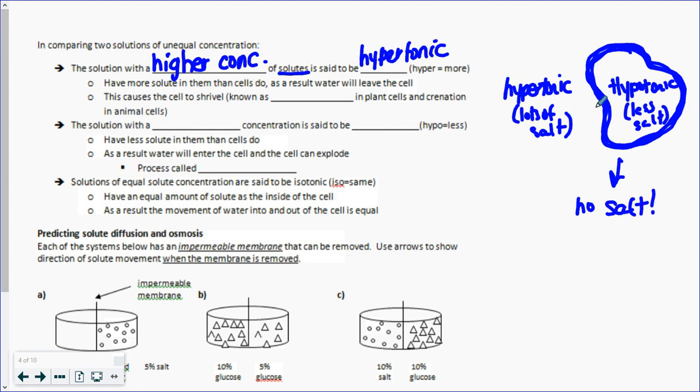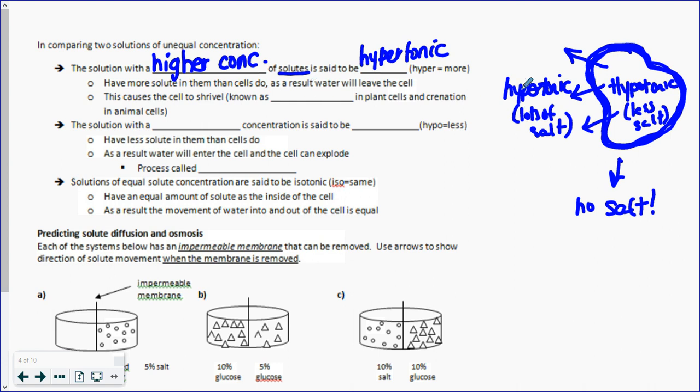But what can actually happen is this has lots of salt, not much water. This has lots of water, not much salt, in terms of concentration. So what would actually happen is water would flow out. It would flow from an area that has a high concentration of water to an area that has a lower concentration of water or a higher concentration of salt.